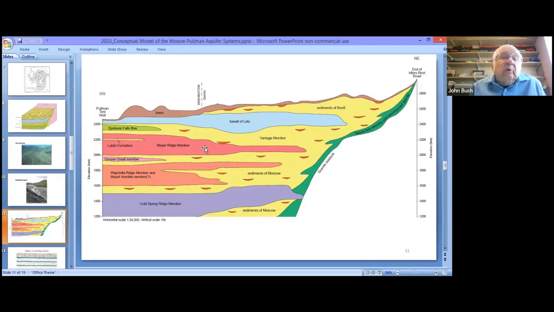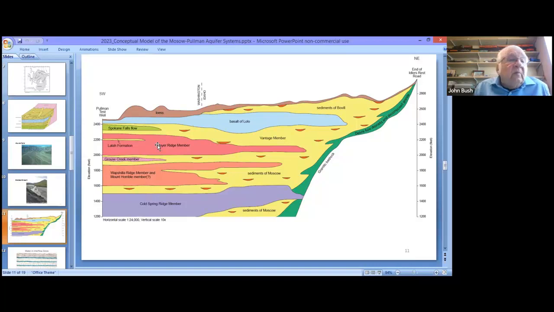So the next part of our model is, how do we get the water to move from Idaho into the basalts and across the 7-mile area into the eastern side of Pullman?